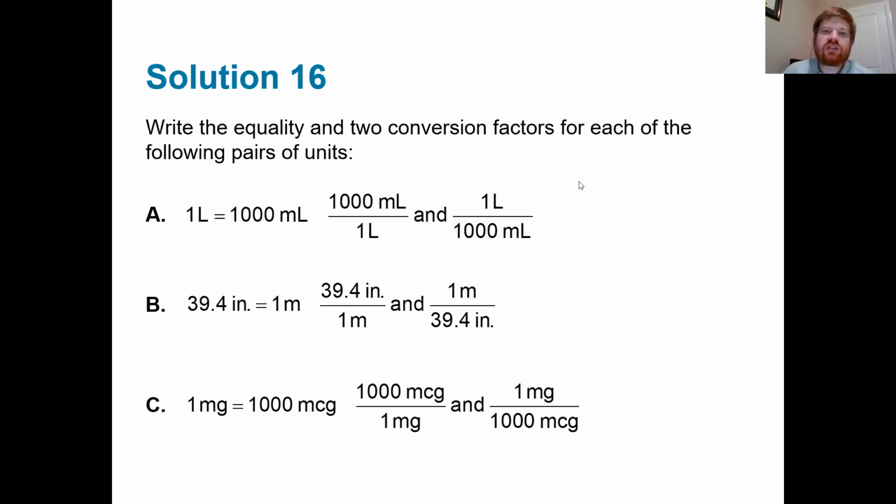And we're back. So the solution for sample exercise number 16 looks like that. First off, 1 liter equals 1,000 milliliters. So we know that there's 1,000 milliliters per 1 liter, or 1 liter per 1,000 milliliters.